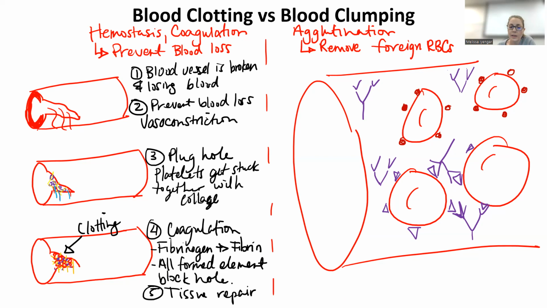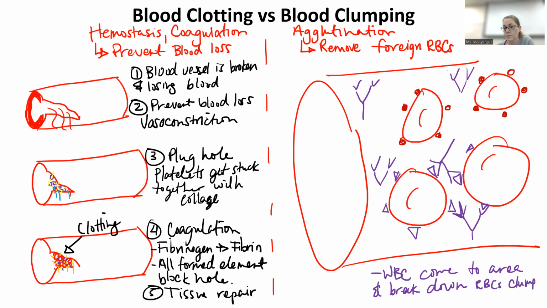But what ends up happening is white blood cells will come to the area, and they are going to destroy the red blood cells. And when that happens, you actually release cell contents, including heme and parts of hemoglobin, and that drags all through your blood vessels, and that's what kills you.